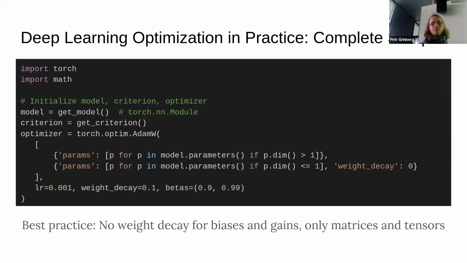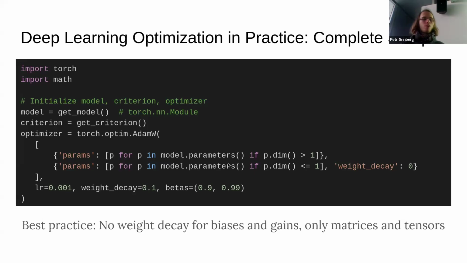And you need to set hyperparameters like learning rate, weight decay, etc. These betas are for AdamW. Use the default ones. If you don't understand any hyperparameter, just use the default one. The only hyperparameters you probably want to think about for optimization are the learning rate and the weight decay. That's all.